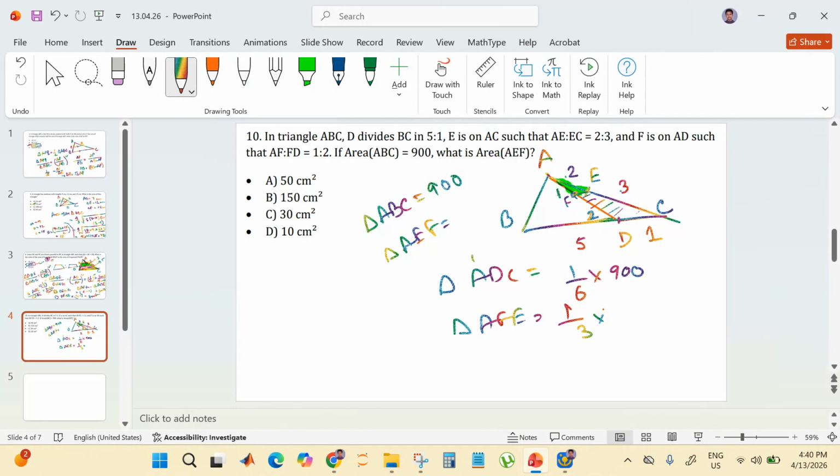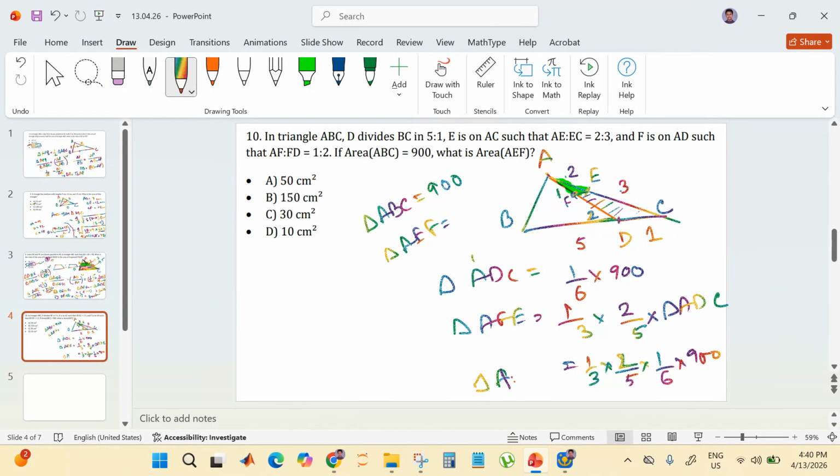The denominator will be multiplied by 2 times 5. Why 2 times 5? Because 2 by 3 is given on the other side of the triangle. So it is 2 by 5 multiplied by triangle ADC, and we know ADC equals 1/6 of 900. So instead of doing it step by step, you can directly find the answer by writing this.